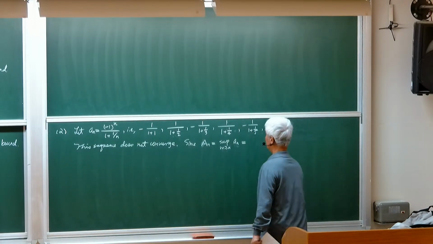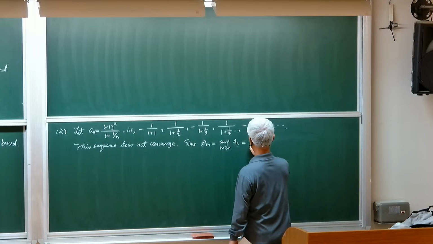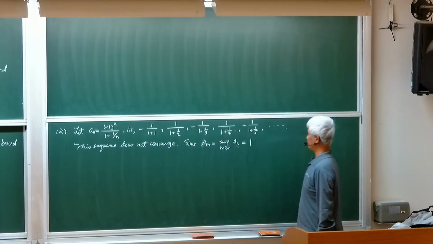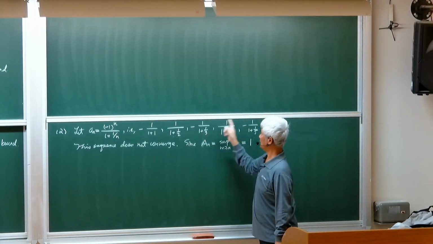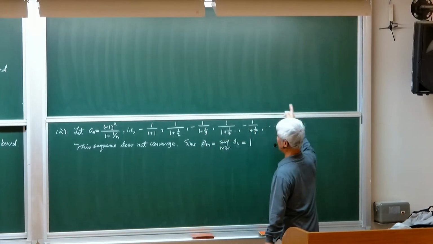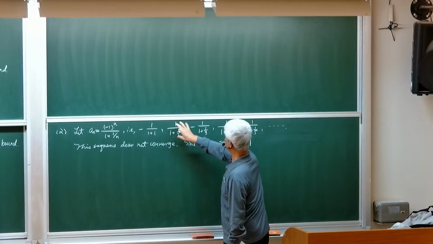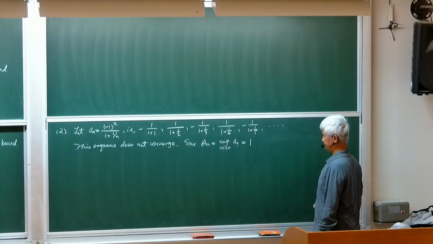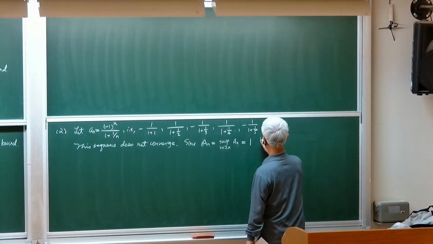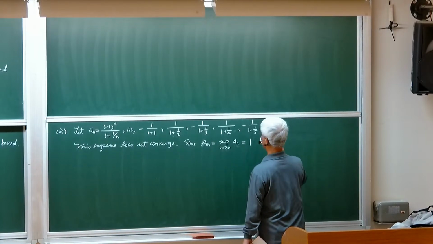So that is equal to 1, because they are approaching 1, and this is going up, for all n greater than or equal to 1.